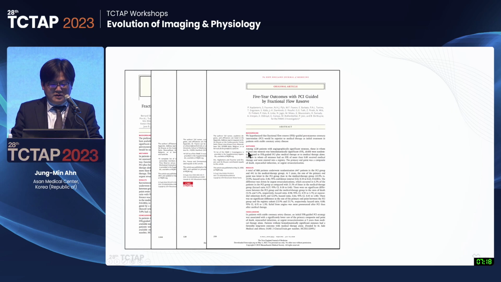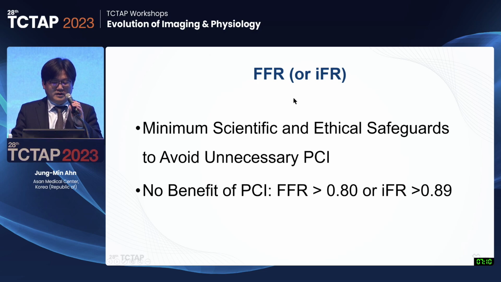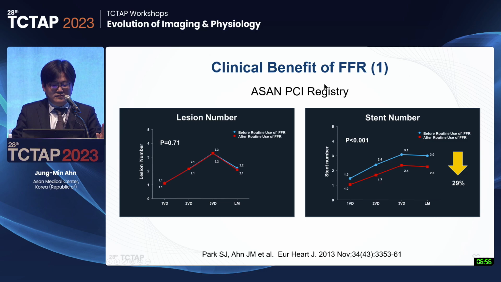So based on the many data, many New England Journal of Medicine data, this guideline is one recommendation. So this is my thought. FFR or iFR, coronary physiology, would be the minimum scientific or ethical safeguard to avoid unnecessary PCI. So don't do PCI if FFR is negative or iFR is negative.